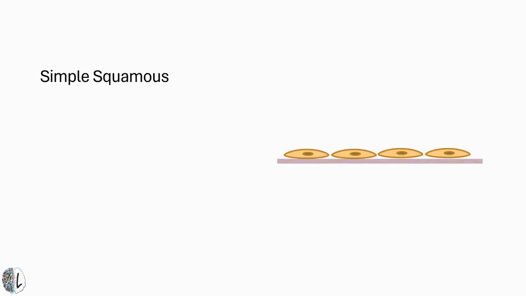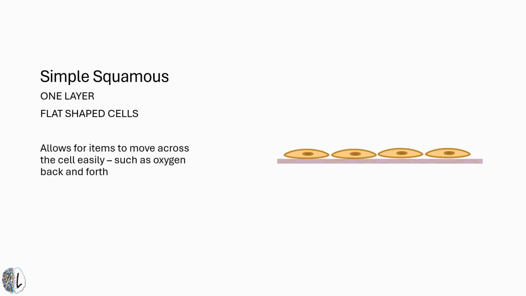So let's start with simple squamous. If you remember, simple told us it was just a single layer, so just one layer of cells. And the word squamous meant it was that flat, oval, plate-like sort of shape. So you can see here, it is a row of cells that is only one layer deep, very short cells.